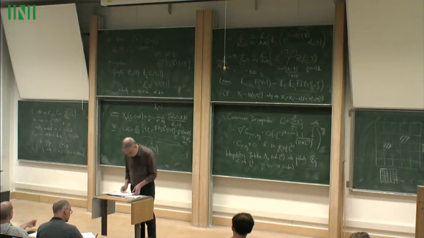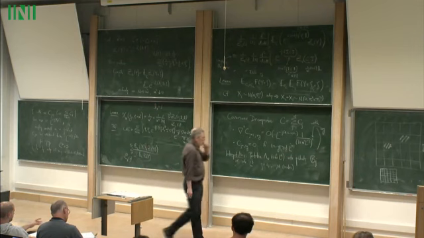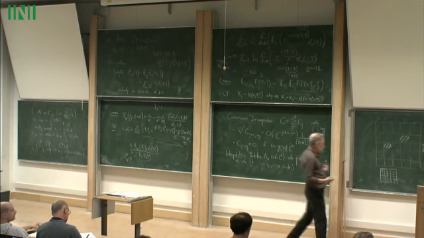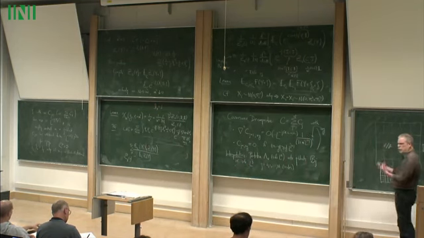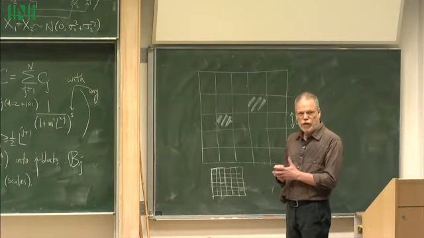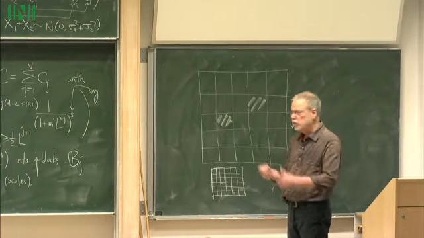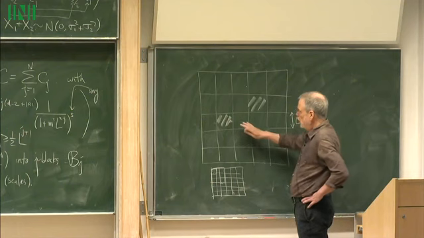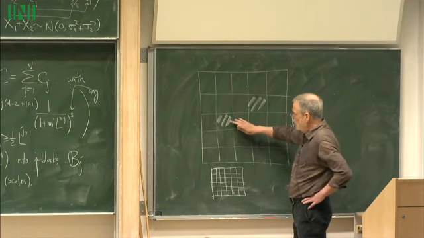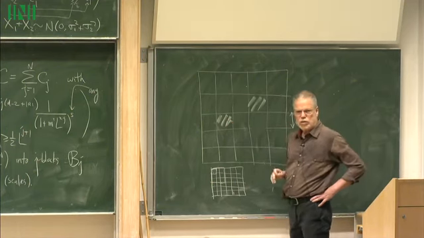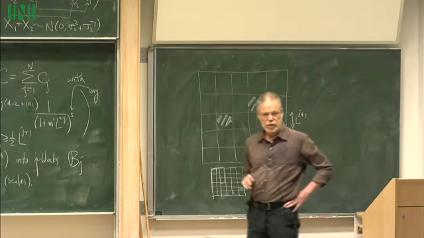All right, so I want to think about having integrated out the first j covariances. I'm about to do the next one, j plus 1. I want to think at that point about these j blocks as being points.